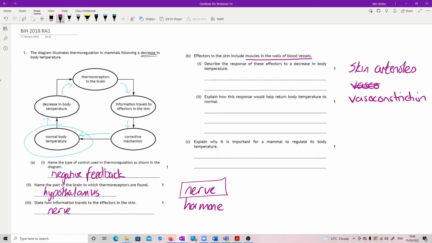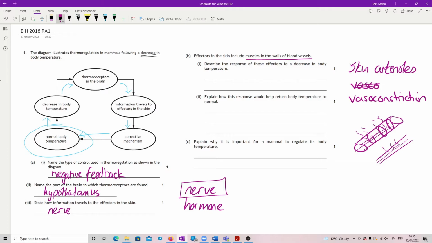So what happens there is we have our skin arterioles, thin tubes, which have blood flowing through them, and that means that we have heat lost from them just by radiation. So if we constrict these, so we tighten muscles around the outside of these, making them thinner, you get less blood flowing through and you get less heat loss.